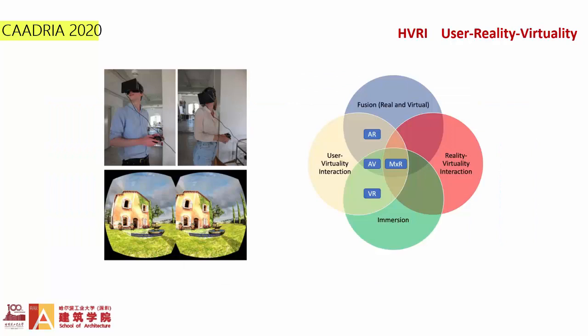Right now, the reality-virtuality continuum is widely defined by the relationship between virtuality and the real environment, as well as the attached technology advancement, as shown in this diagram.